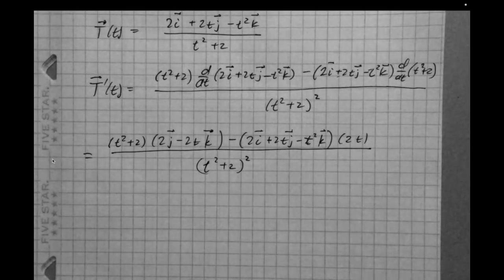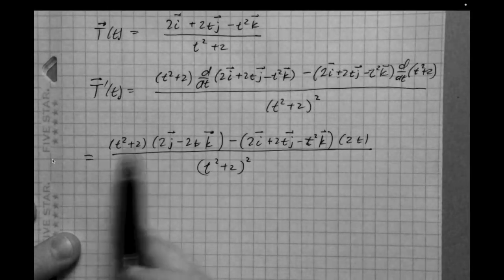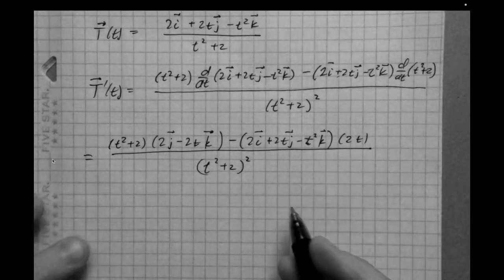And so what can we do? Well, we can just start to multiply this all out. I think the first thing we'll do is multiply these two pieces out and those two pieces out.